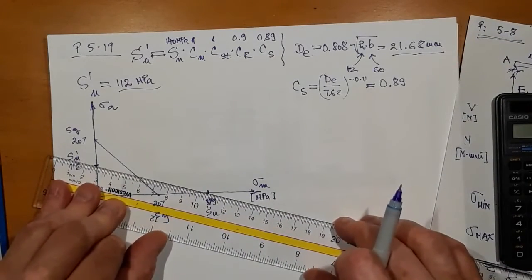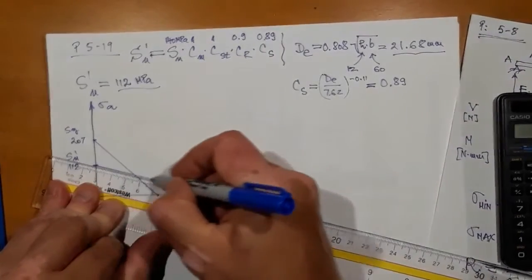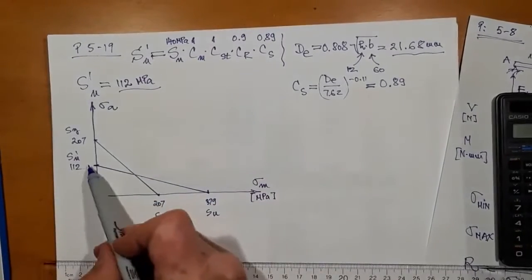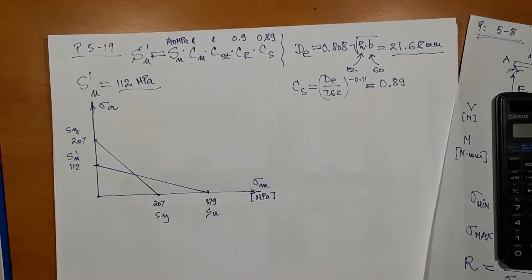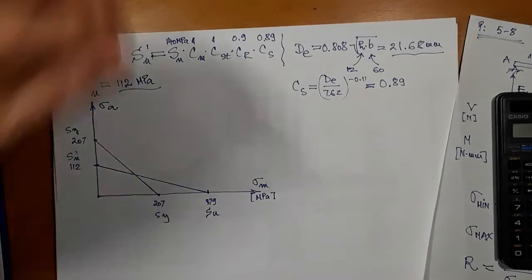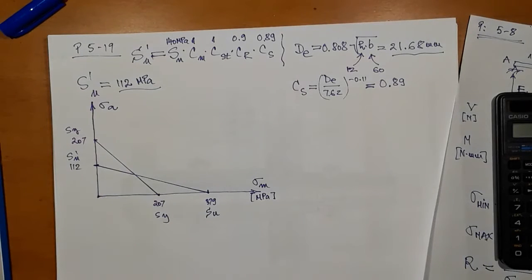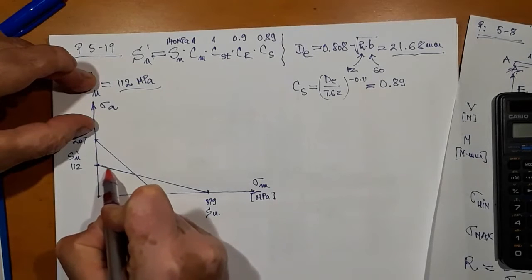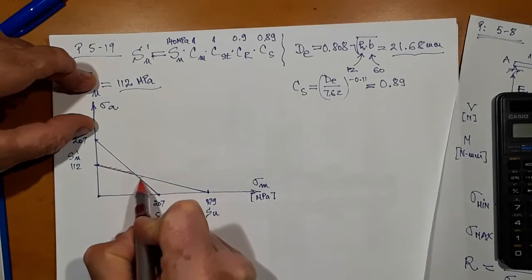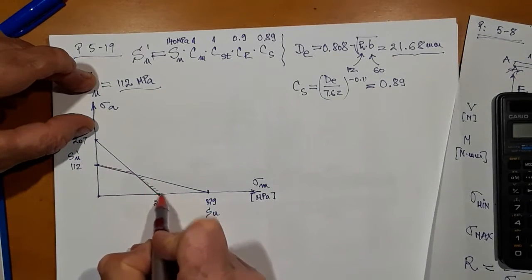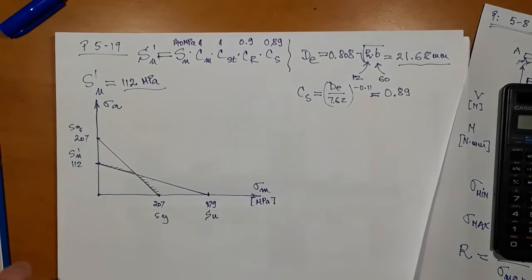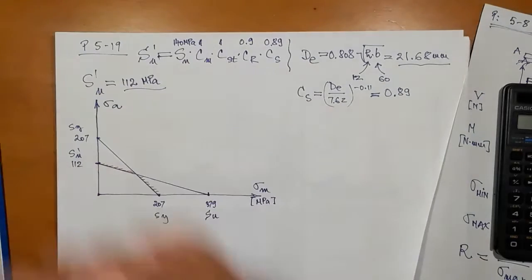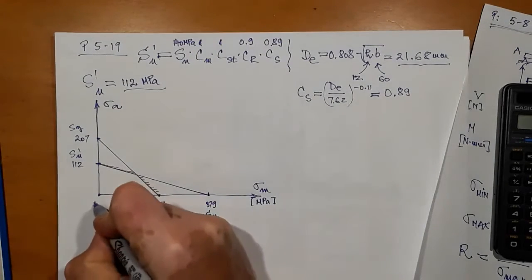For the Goodman line, I'm connecting the two, that is Sn prime with Su. The failure zone, or rather the safe zone, is what is inside of this four-sided polygon. I have 0, 0 here, the origin.